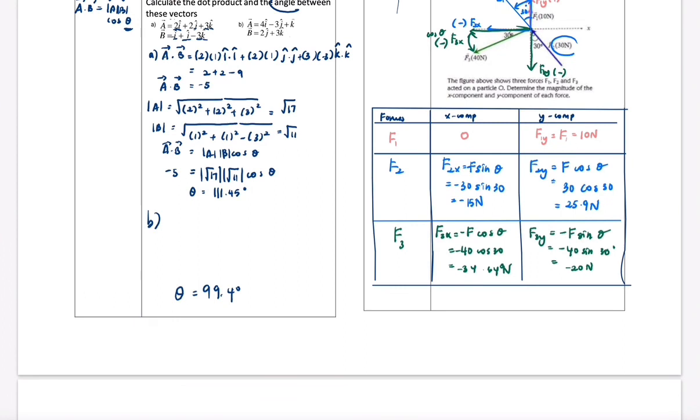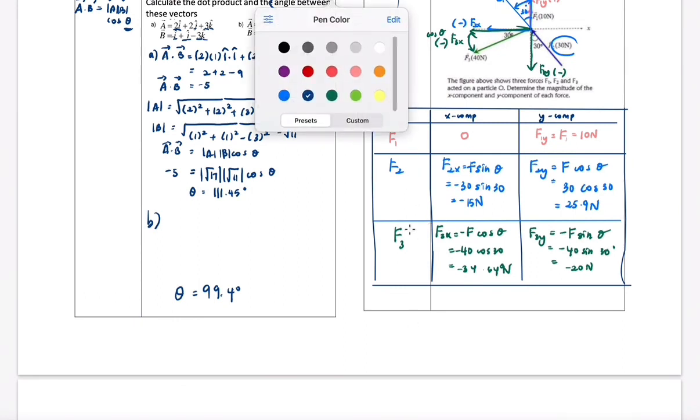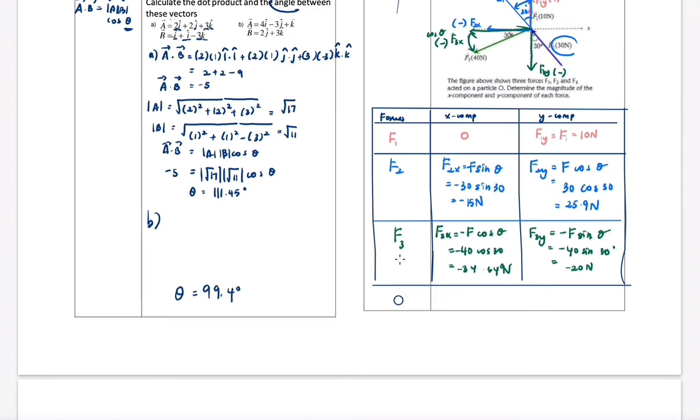Okay, so next we move on to the next part, which is kita nak calculate sum dia. Calculate the sum, which is sum of F. So this one is going to be sum of Fx.